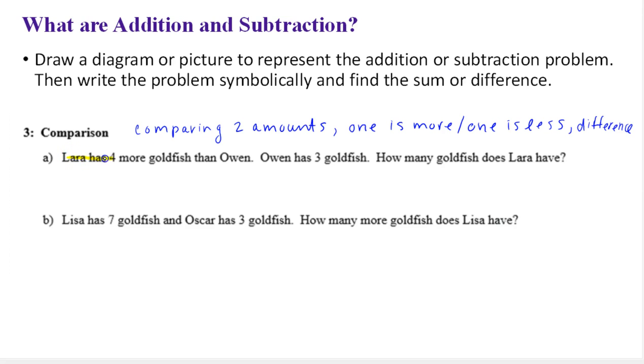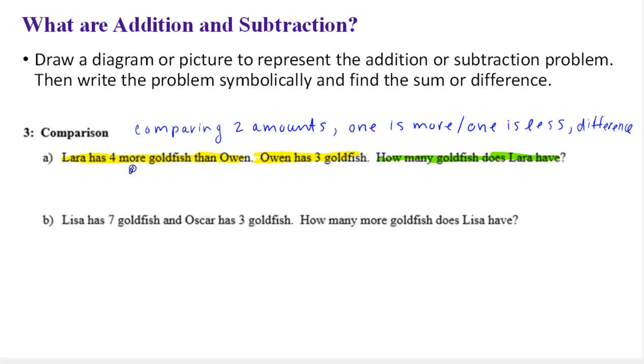Lara has 4 more goldfish than Owen. Owen has 3 goldfish. We want to know how many goldfish does Lara have. So that's our goal. Okay, so here we're told this value is the difference. One is more and one is less. So Lara has 4 more goldfish than Owen.